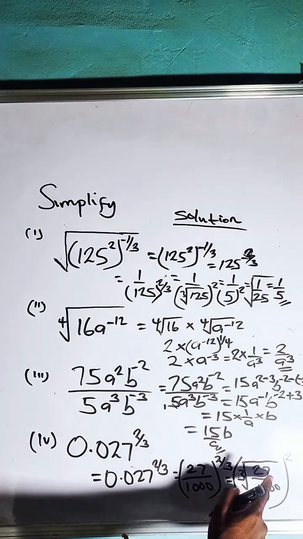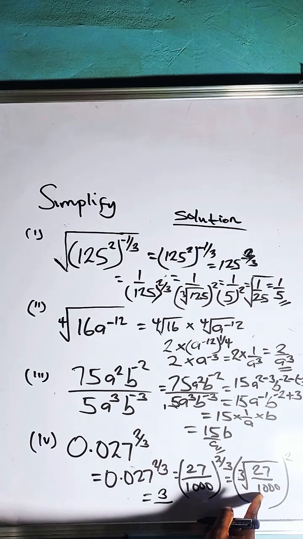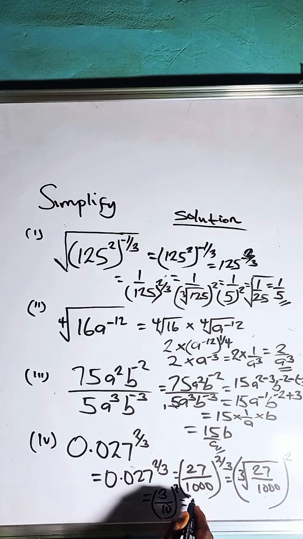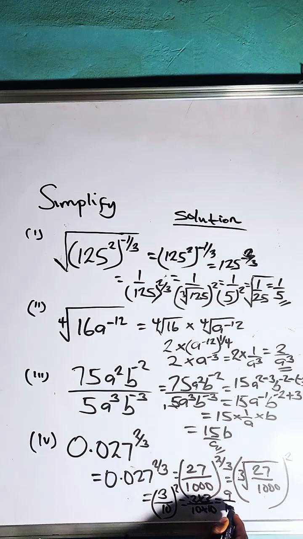The cube root of 27 is 3, over the cube root of 1000, which is 10, all squared. So 3 squared means 3 times 3, which is 9, and 10 squared means 10 times 10, which is 100. When we write this in decimal, we have 0.09.